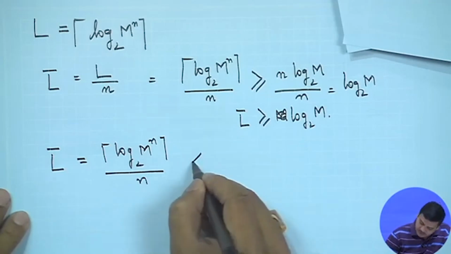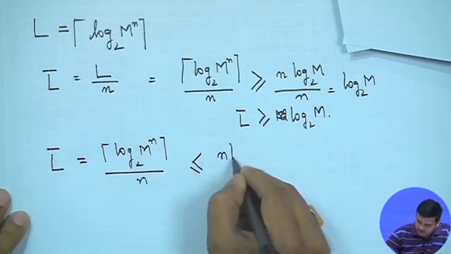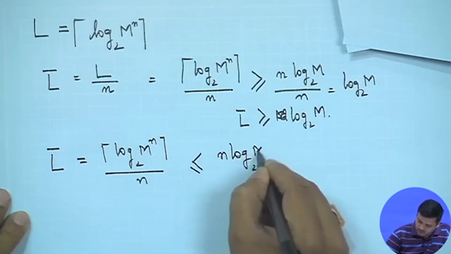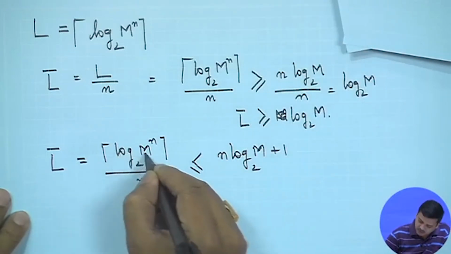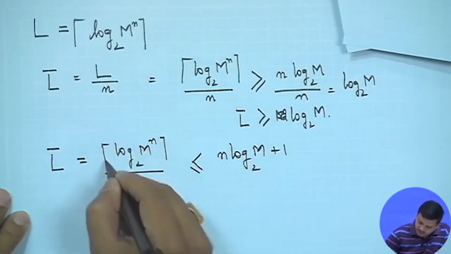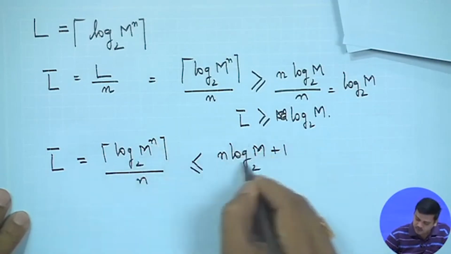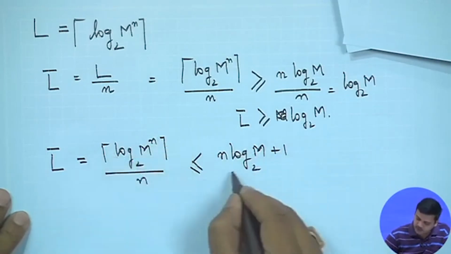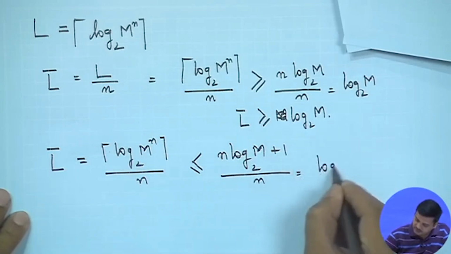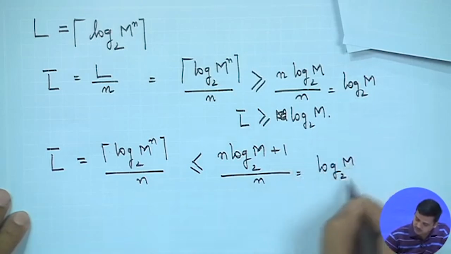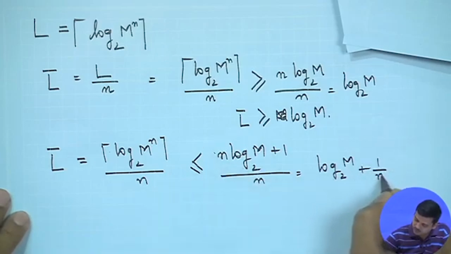Now, this number is definitely less than log base 2 of m to the power of n plus 1, because the ceiling function of log base 2 of m to the power of n is less than log base 2 m to the power of n plus 1. So, this upon n, and this expression is equal to log base 2 of m, n and n cancels out, plus 1 upon n.